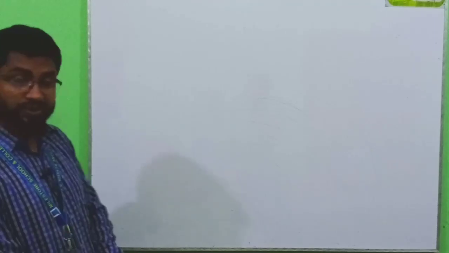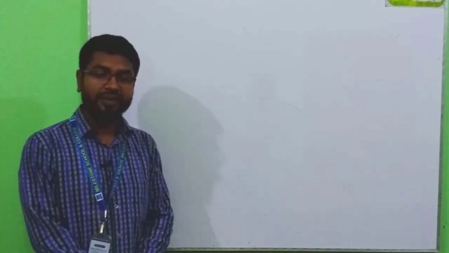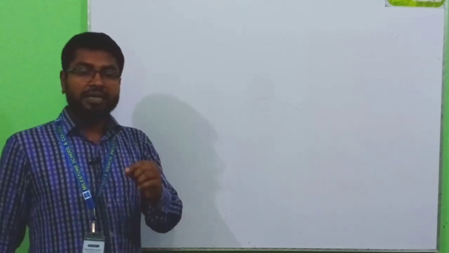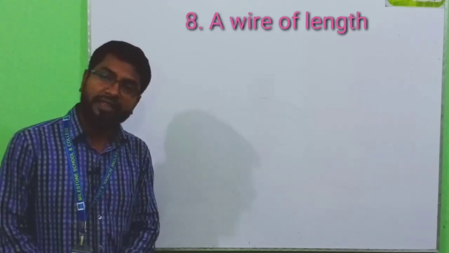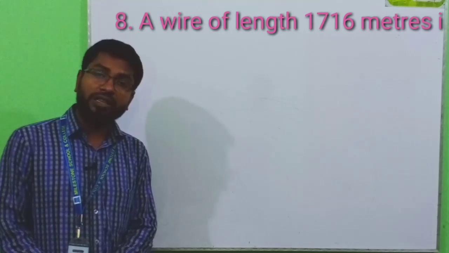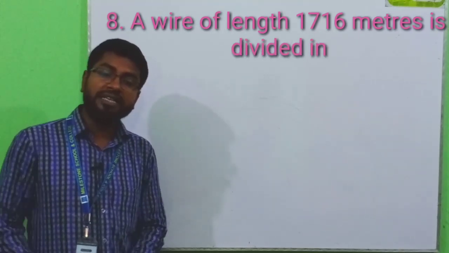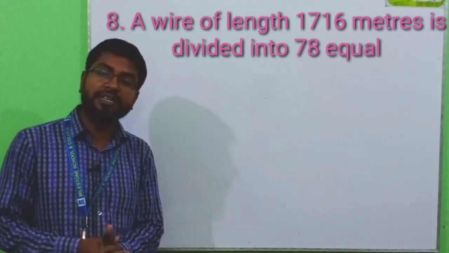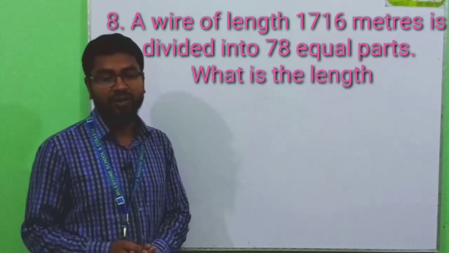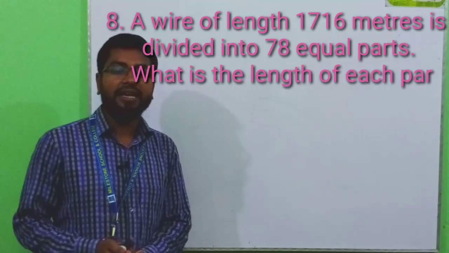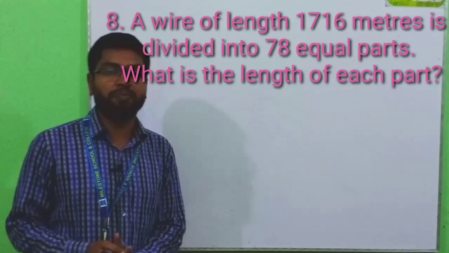Number 8, we will solve it. A wire of length 1716 meters is divided into 78 equal parts. What is the length of each part?